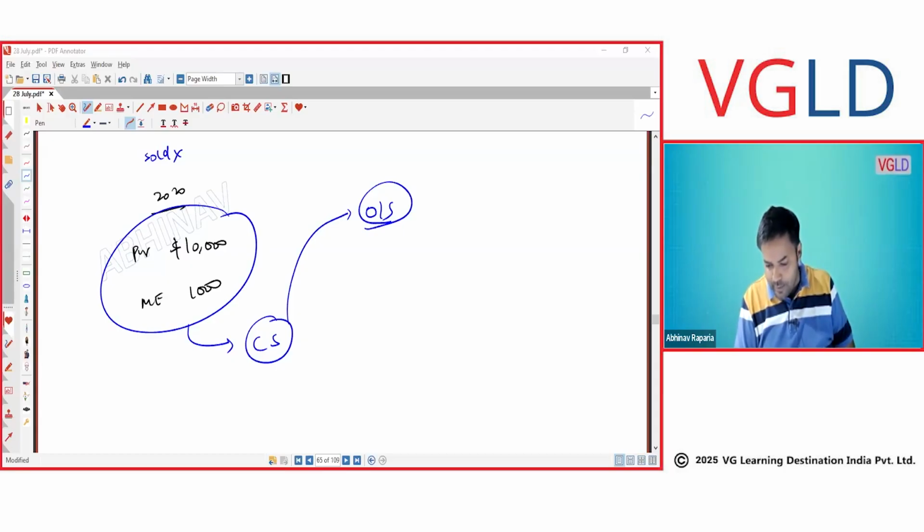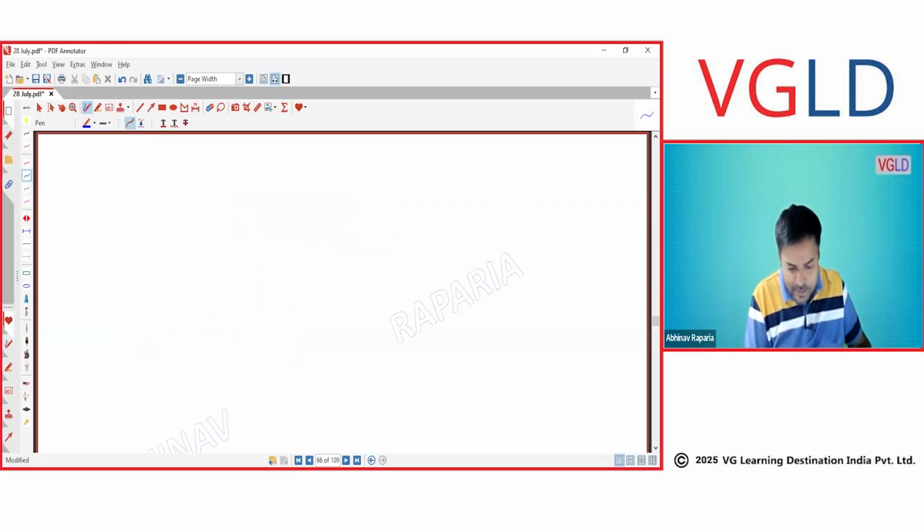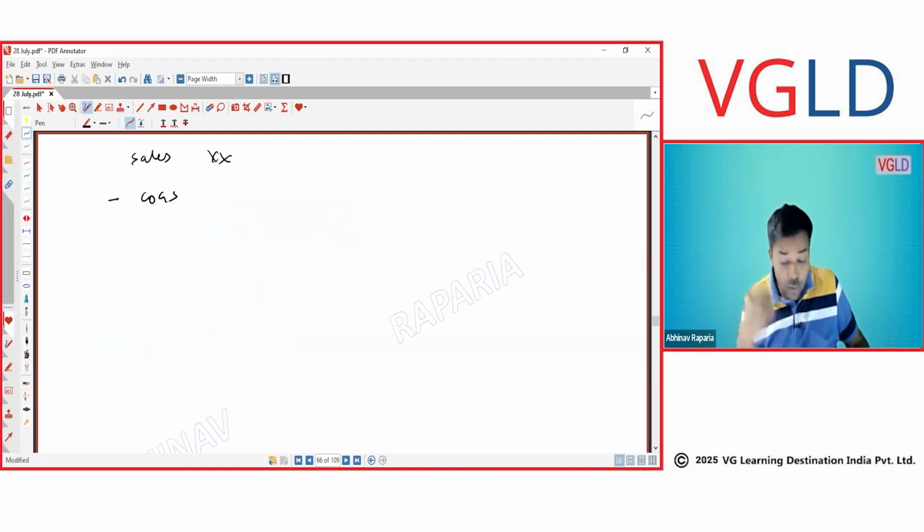So basically, guys, this method is known as the absorption method. What is the absorption method? Basically, sales, from this, if I'm reducing COGS, cost of goods sold, that means in a way the manufacturing cost price, what do we get?